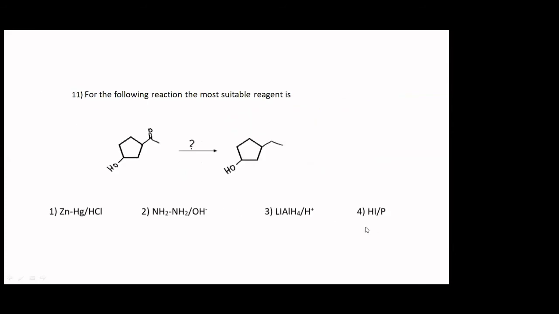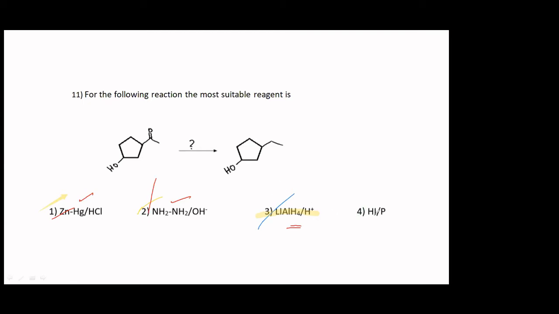This is what I was telling you. Clemmensen reduction, and then any other answer? Wolff-Kishner reduction. So this is the Wolff-Kishner reagent, Clemmensen reduction, lithium aluminium hydride, that is also a good reducing agent. Hydrogen iodide with phosphorus is also a reducing agent.